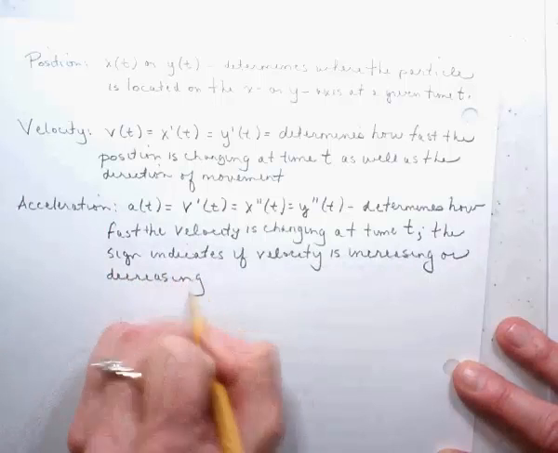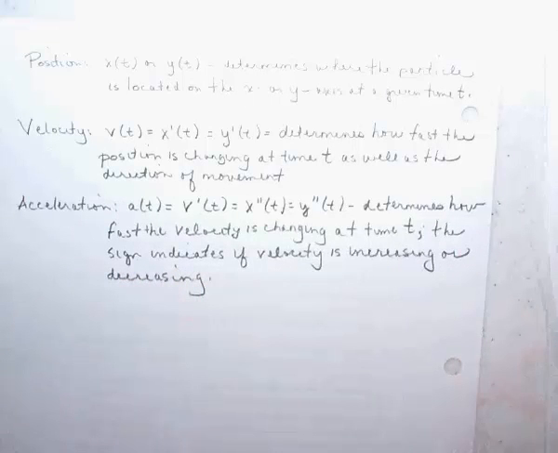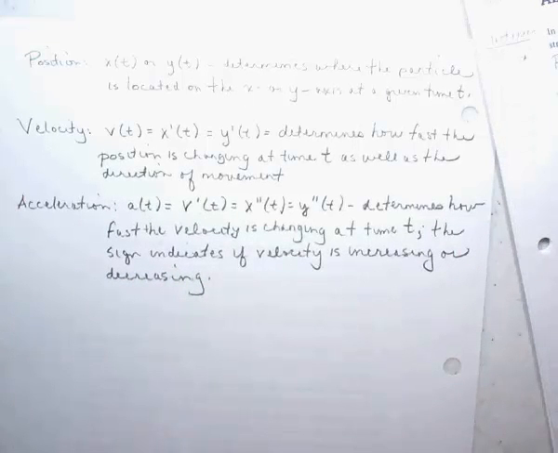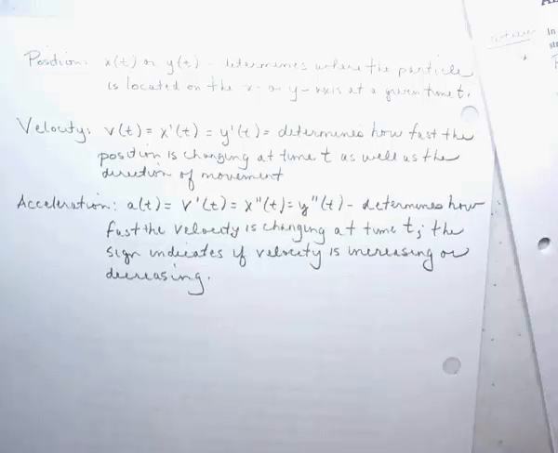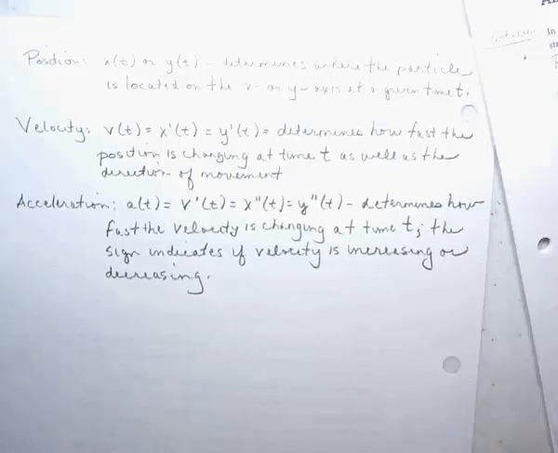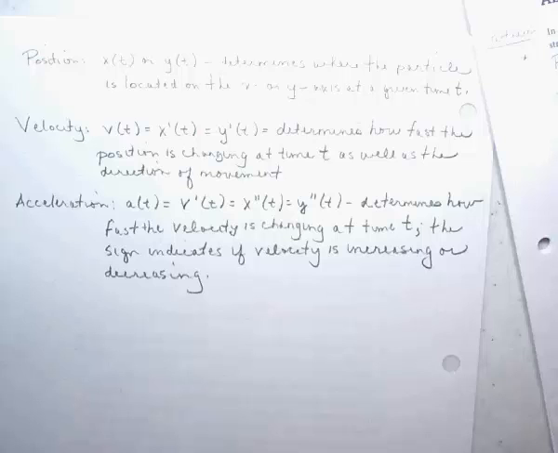And if you think about it, if velocity is increasing, then the slope of velocity, which is acceleration, is positive. If our velocity graph, you can think of it as our first derivative graph, is decreasing, then we expect the slope or the acceleration to be negative.